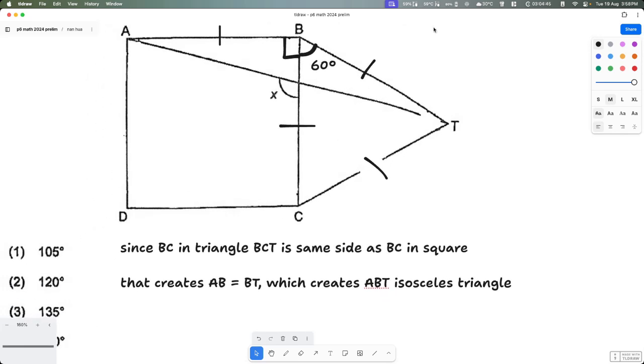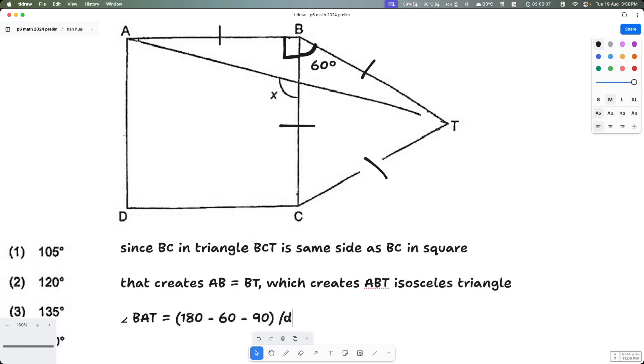So from here, what we can do is get angle BAT. So angle BAT is equal to 180 minus 60 minus 90, and then we divide this by 2.